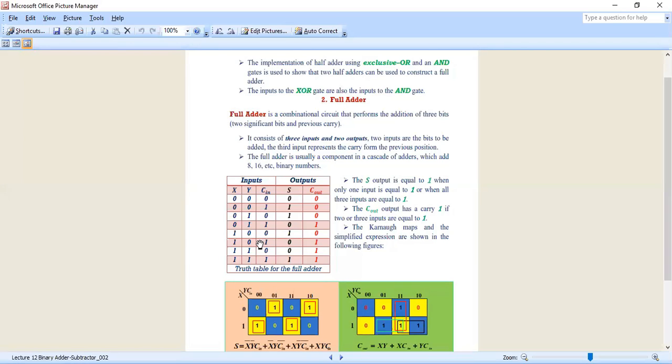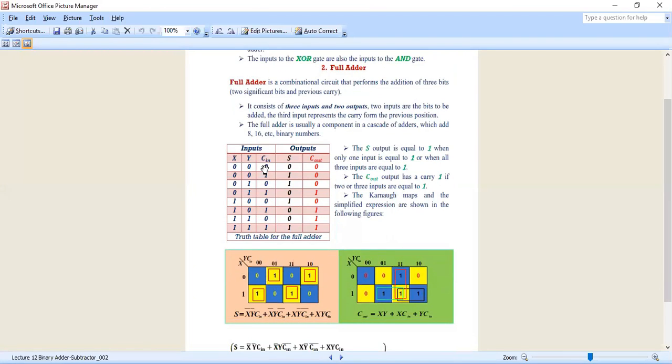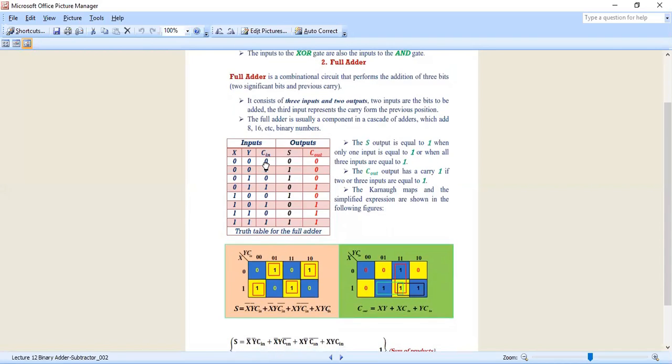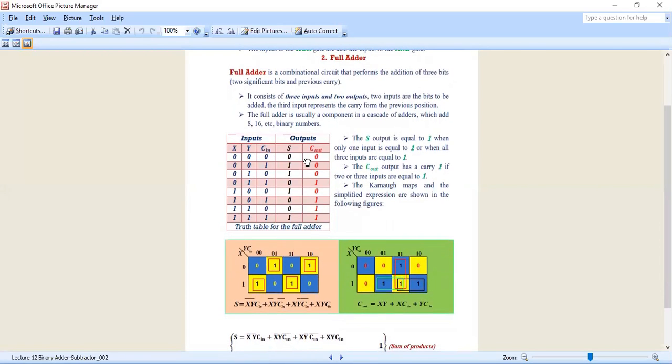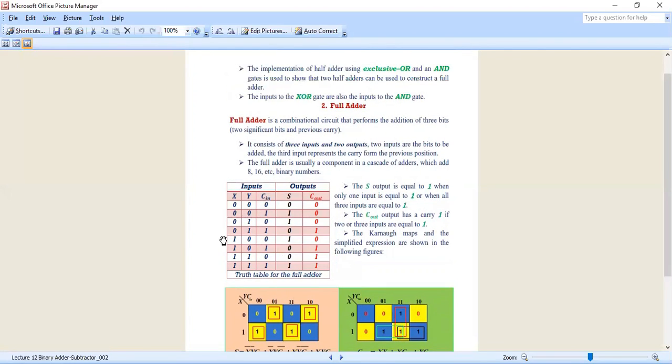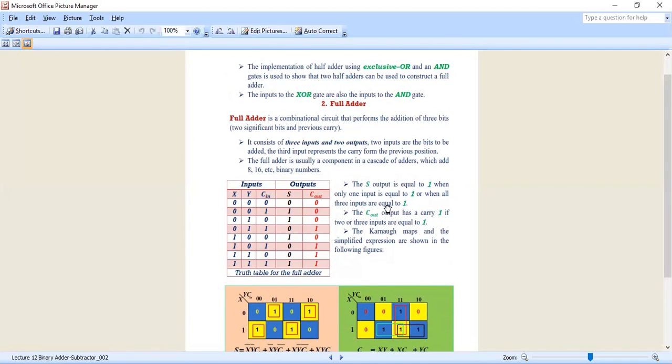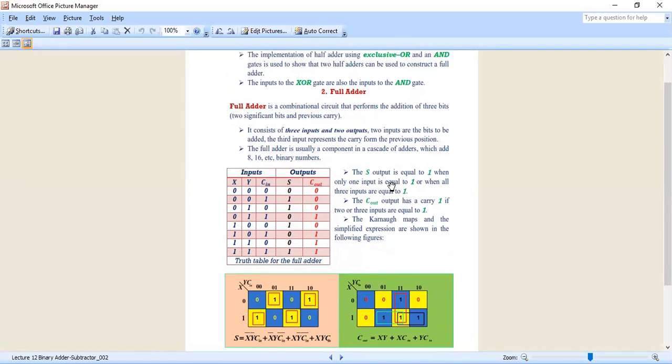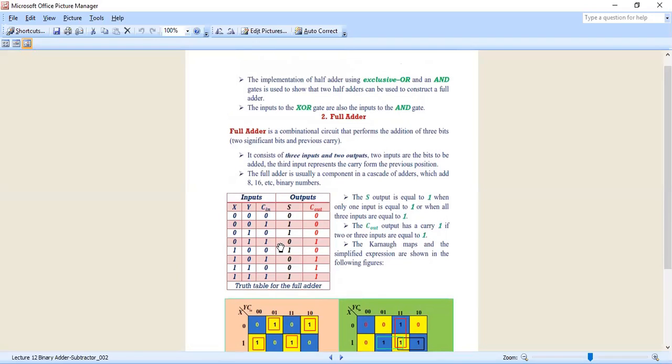The sum S is equal to 1 when only one input is equal to 1. The carry output is 1 if 2 or 3 inputs are equal to 1; carry automatically produces 1.